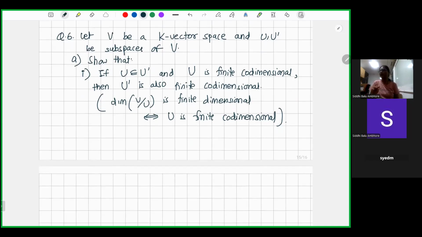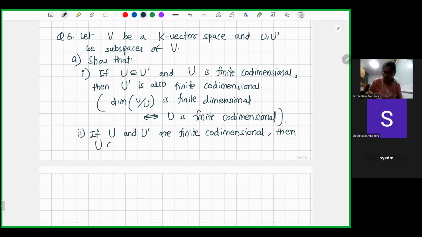So this is what finite codimensional means. And second part is that if U and U dash are finite codimensional, then U intersection U dash is also finite codimensional. This is the first part.